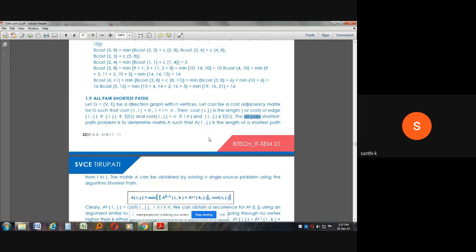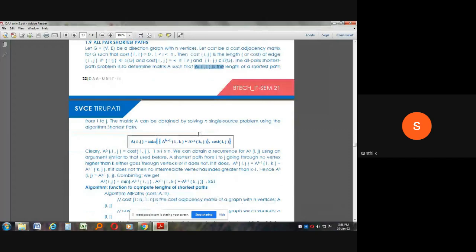In single source shortest path, we saw the shortest path from the source. All pairs shortest path means between every two vertices, what is the shortest path we are going to find. So we are going to represent this in terms of a matrix. We represent the directed graph as a matrix.